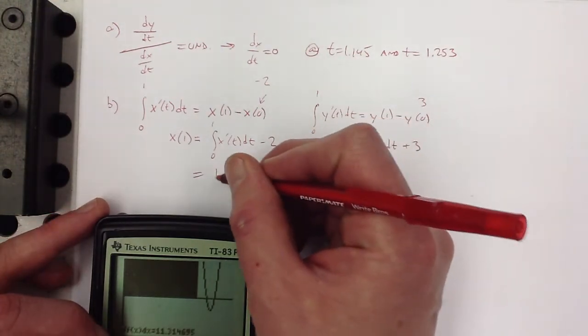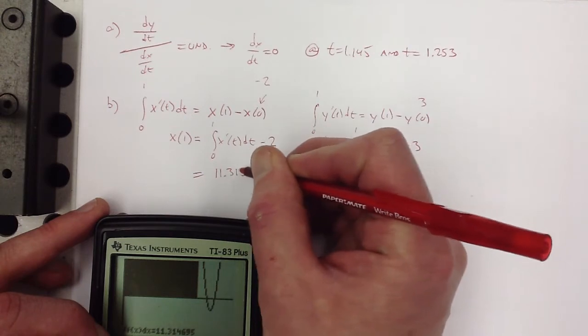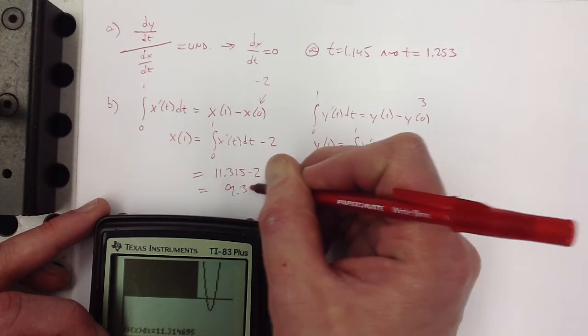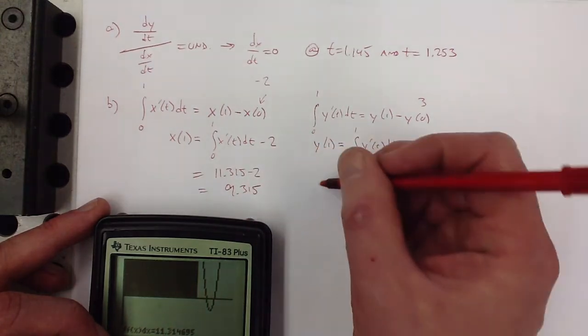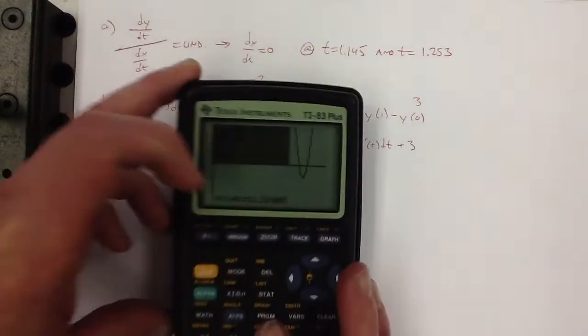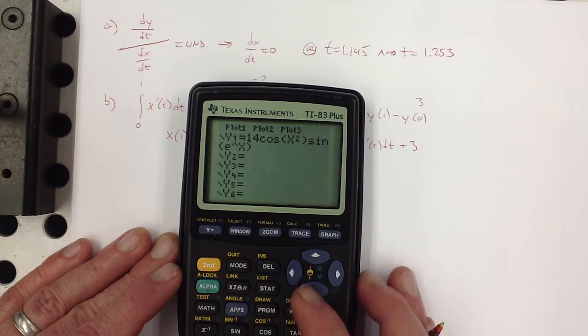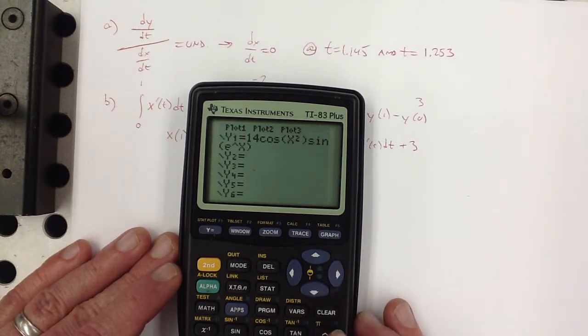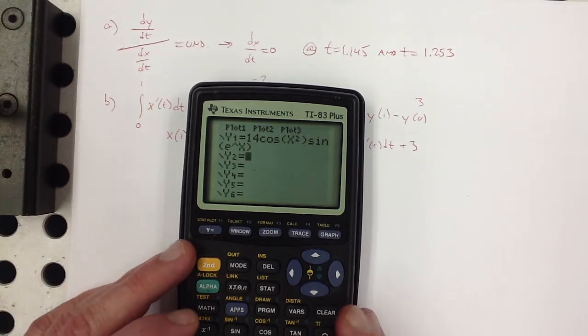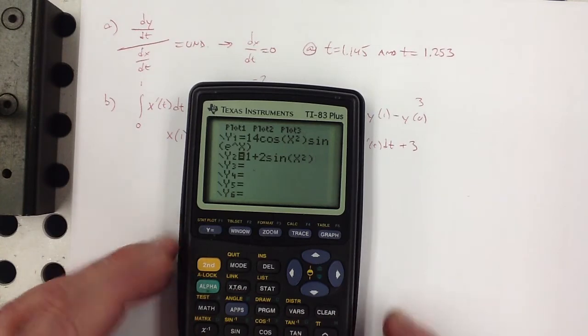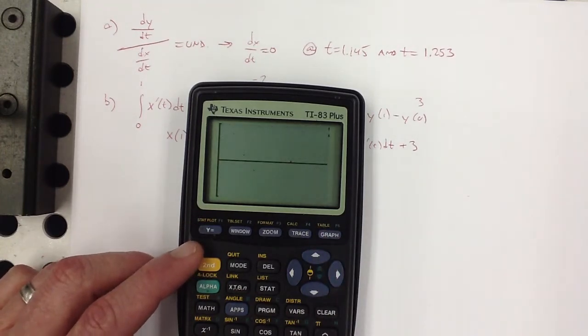It is 11.315 minus 2. So that's 9.315. That's my x-coordinate. And then my y-coordinate, go back to y equals and let's turn this one off for the moment. And put in the y derivative, which is 1 plus 2 sine of x squared. And let's graph that one.